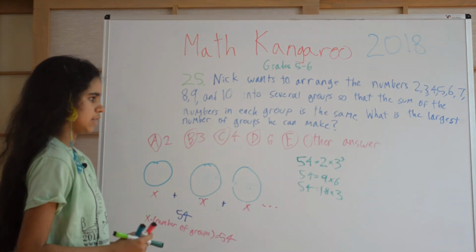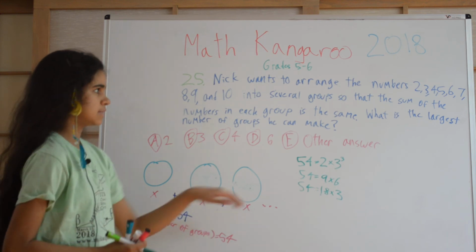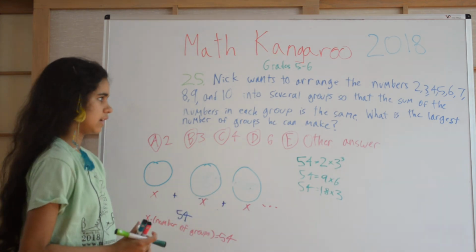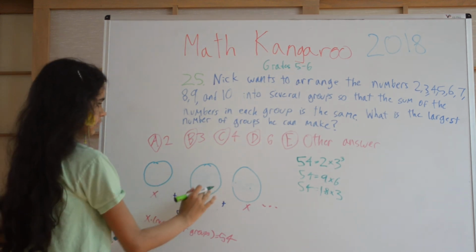We can try to fit the numbers in. And it seems like we probably can, because 18 is bigger than 10, so we could fit that in. But anyway, we can put numbers in these three groups.